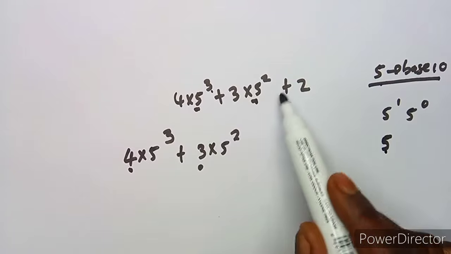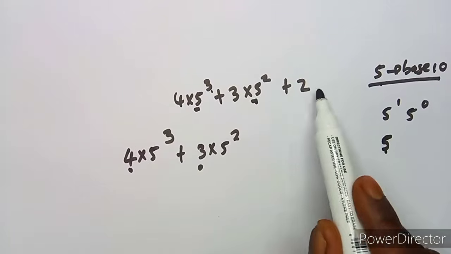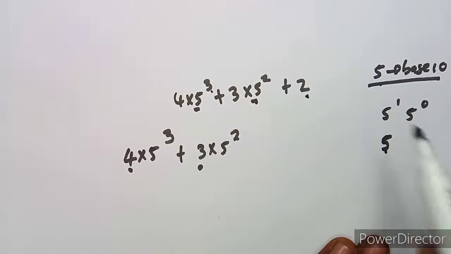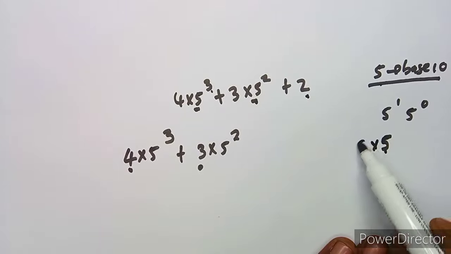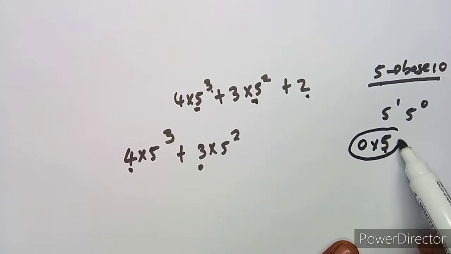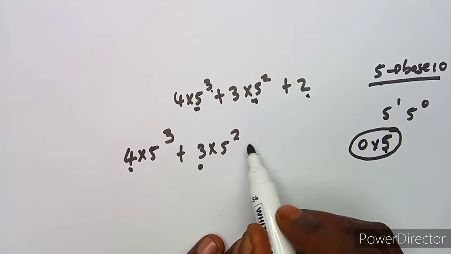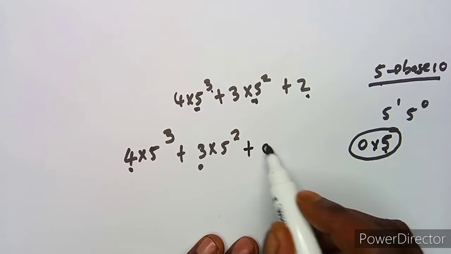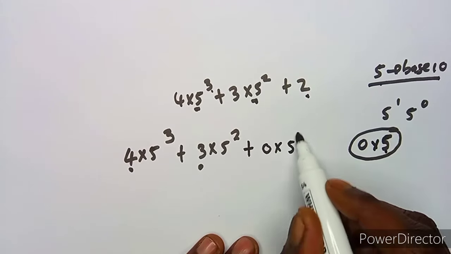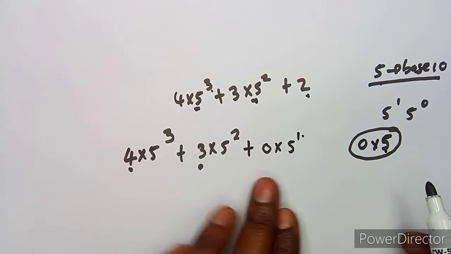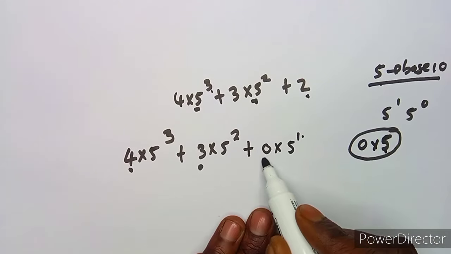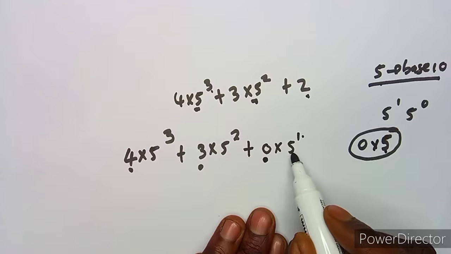But here we are not seeing anything that has to do with 5. The only number that we see is 2. So this number was actually multiplied by what? By a 0. That is why it's not represented. So you're going to represent this as 0 times 5 to the power of 1. Now it's there, so what we need is to know the number that is multiplying 5.